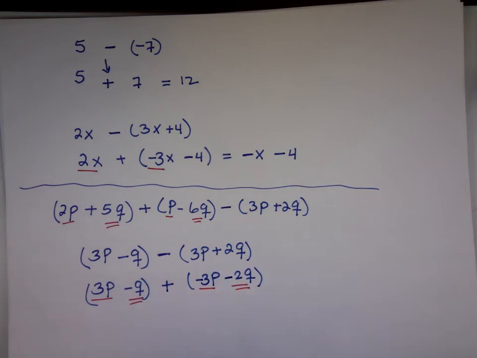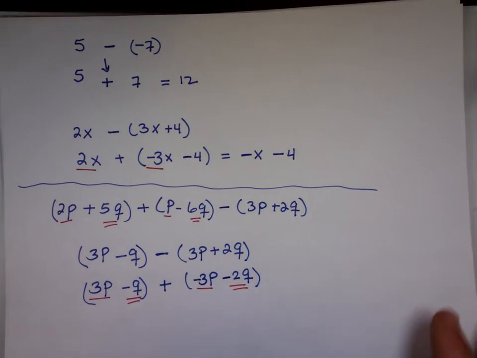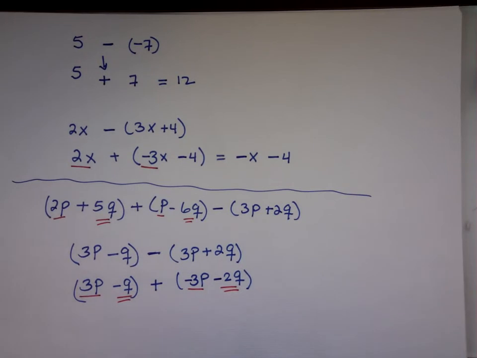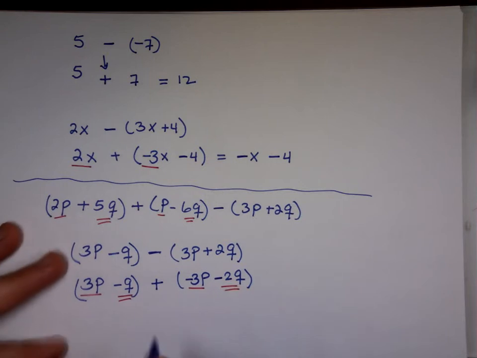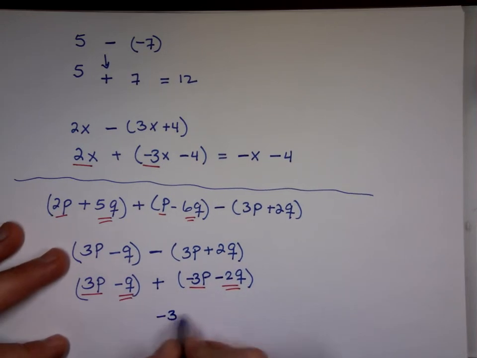What is 3p plus negative 3p? 3p minus 3p. What's 3 minus 3? 0. Gone. What's negative q minus 2q? Negative 3q.